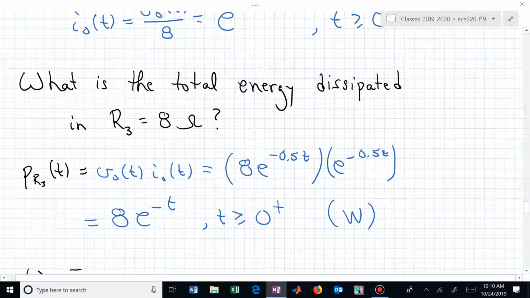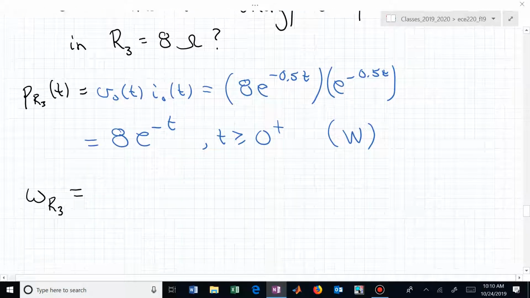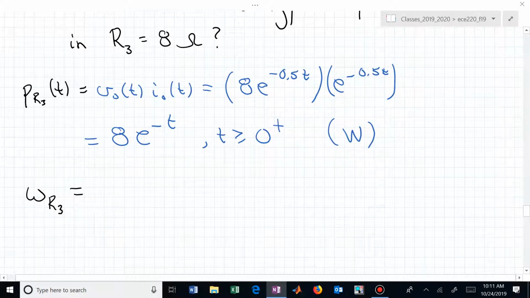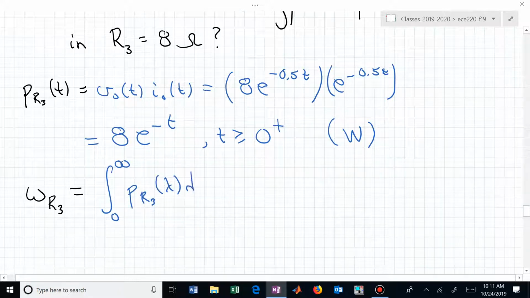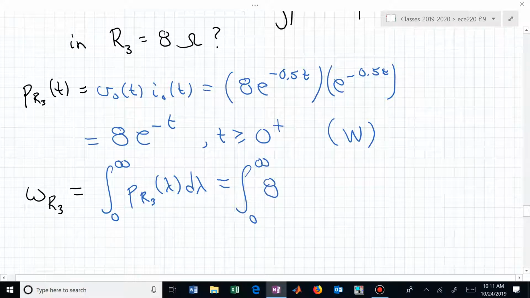That's the instantaneous power. Energy, we said, was the integral of that. Now we just have to integrate an exponential, which is one of the easier functions to integrate.